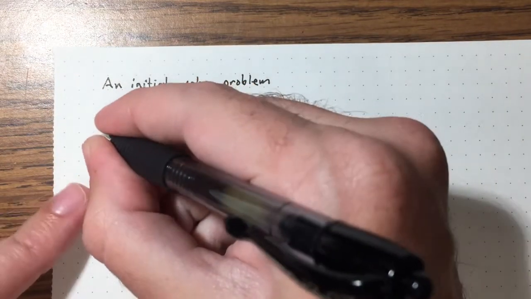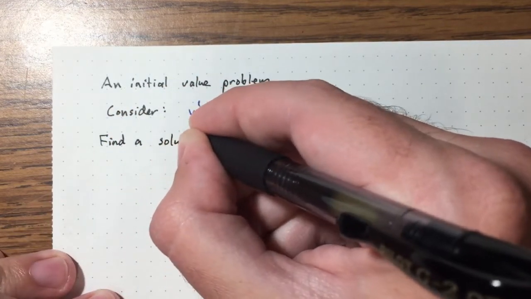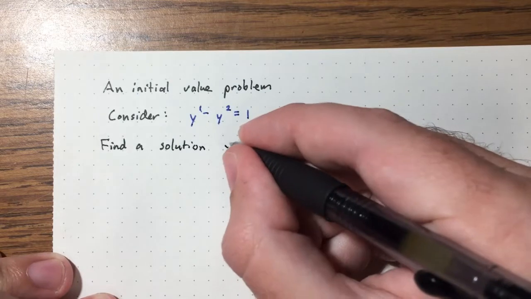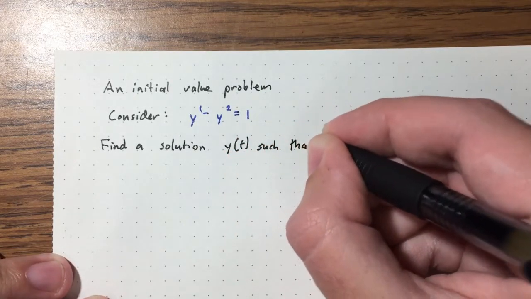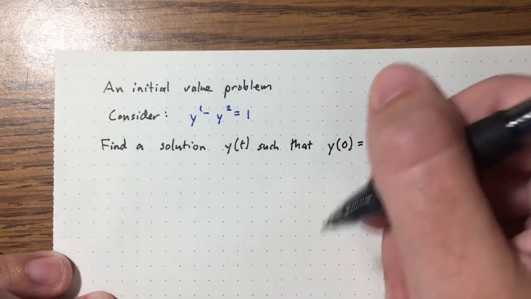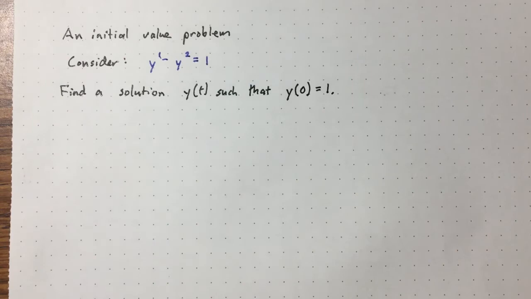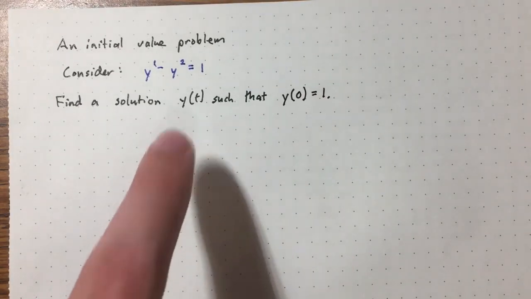And what I want to do is find a solution, y of t, such that y of 0 is going to equal 1. So I want to specify the initial value of the solution.